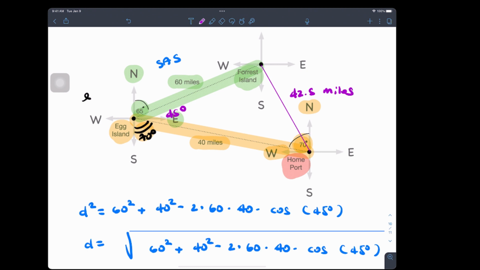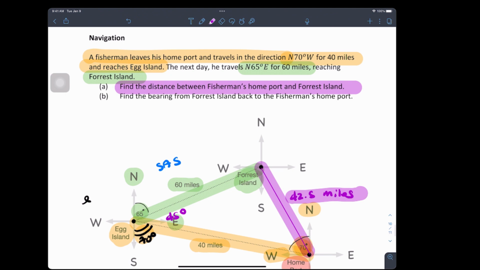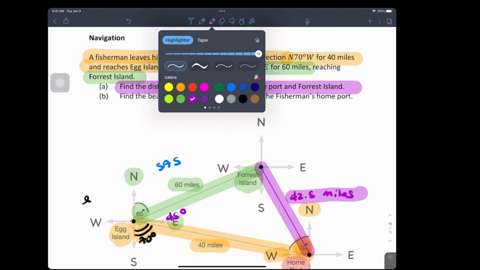So question A just found how far these locations are from one another: find the distance between Fisherman's Homeport and Forest Island. Transversals. So keep that in mind that transversals are at play here. Because the next question is just as important.